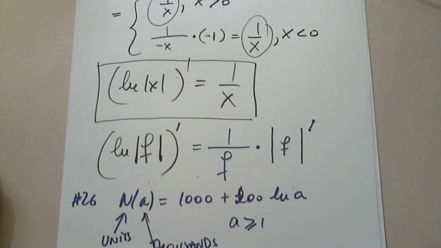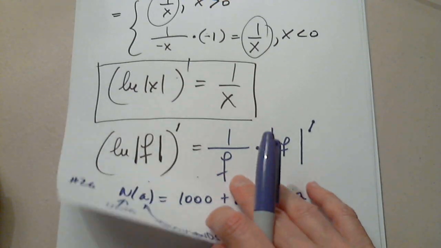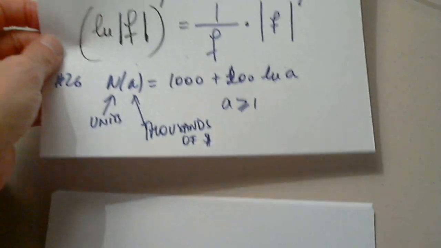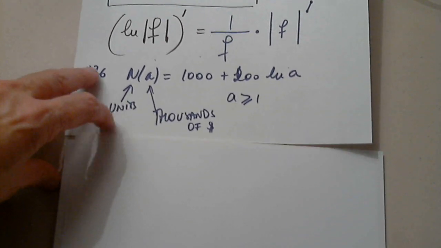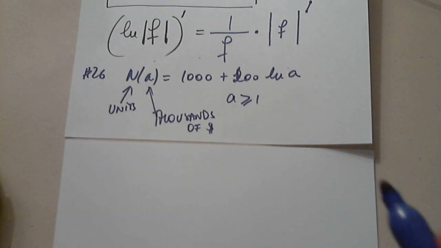How many units are sold when 1,000 is spent on advertising? Careful, A is in thousands. So what am I replacing A by if I am told 1,000? How many thousands is 1,000? 1. Exactly.